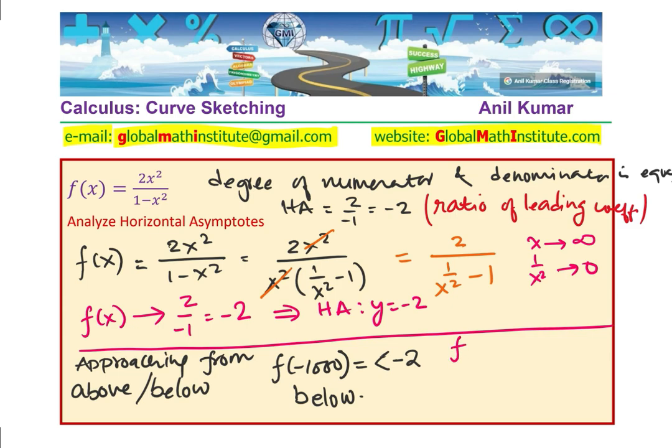Similarly, when you find the value of f of 1000, in that case, you'll get a value which is greater than minus 2. That means you approach from above, right? Oh, sorry. So in this case also, on this extreme, you will get less than minus 2. So here also, you are approaching from below, right? So in both the cases, you approach from below.